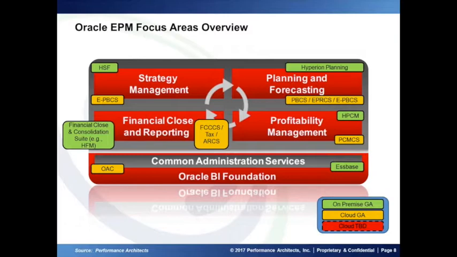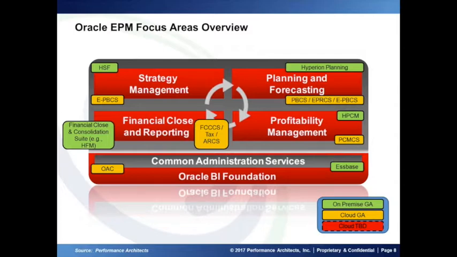And much of that same functionality and feature you find in the cloud in PBCS, which is Planning and Budgeting Cloud Service, EPRCS, which I will talk about later, which is an enterprise reporting cloud tool, and then again EPBCS, which is that enterprise planning and budgeting cloud service. You can see that right here, EPBCS contains some functionality that PBCS doesn't have, and that's because it's that enterprise suite.